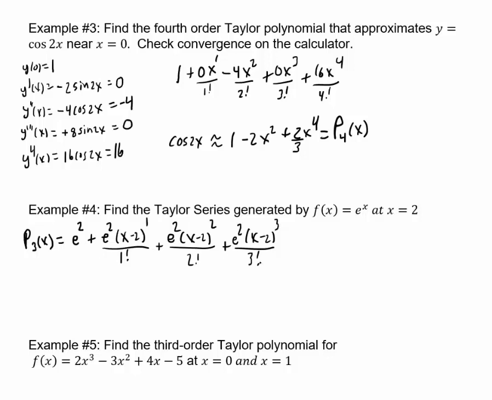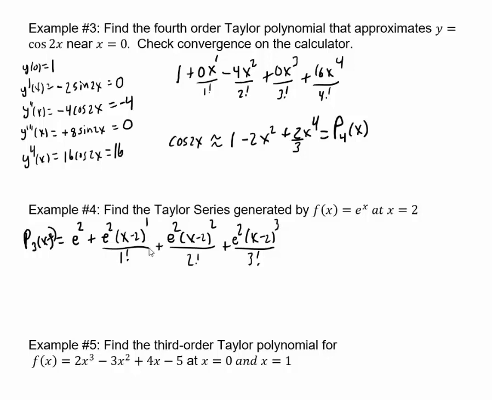And it's perfectly okay to leave it like that. In this case, it doesn't simplify, because e squared divided by 3 factorial is not going to be an integer, so it wouldn't really make sense to simplify it. Up here I did simplify it just so you can see again that you can simplify these things, but it's totally okay to leave it like that. Okay, and actually this should say x minus 2, not just x.